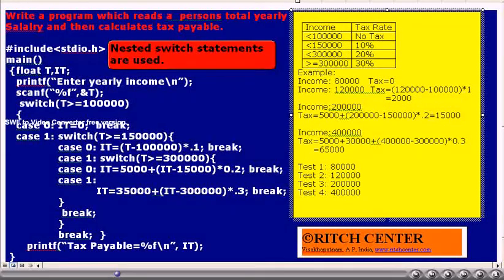The innermost one is comparing with 3 lakhs. There is no difference between these nested switch structures and the ones in the previous programs. So we will try to simulate how this program works with some dummy data in the following slides.